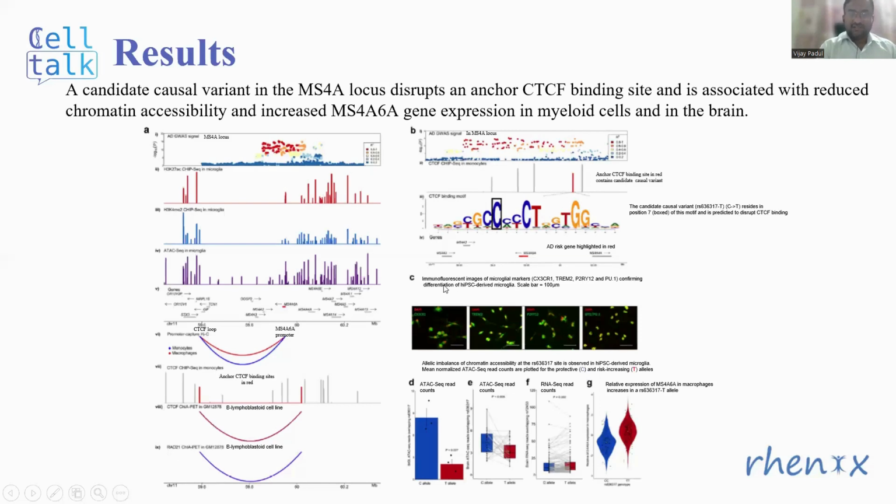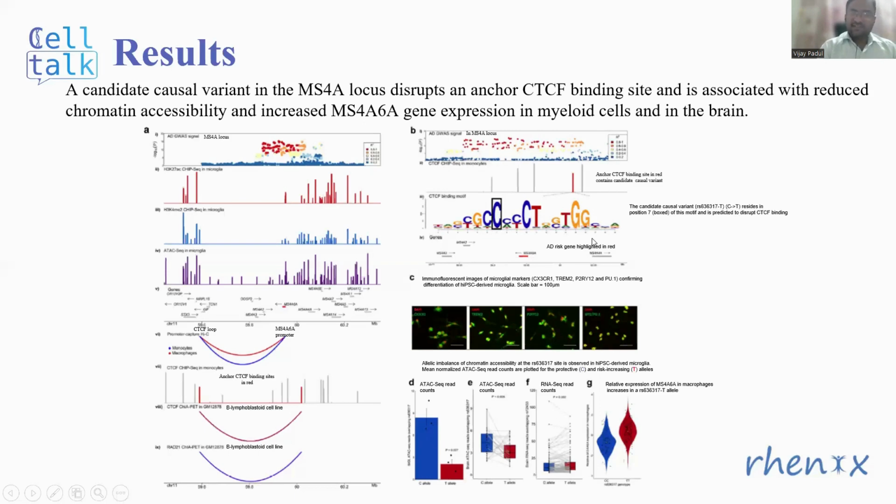So in that case, they did that study in microglial cells, the human iPSC-derived microglial cells, and they studied different markers in those cells to prove that these are indeed developed into the microglial cell type. And in that, they analyzed this ATAC-seq read counts.